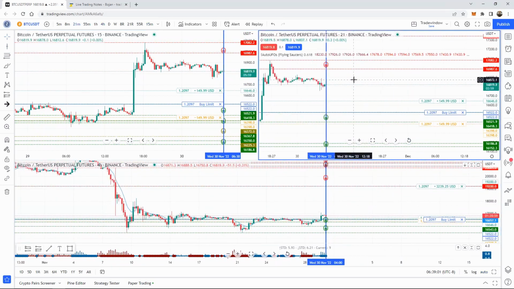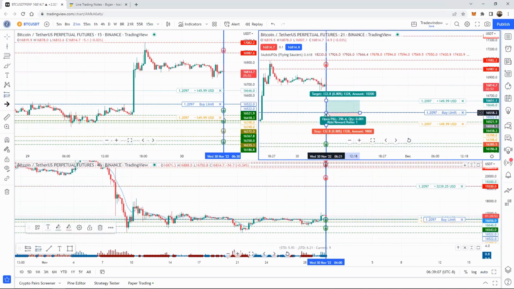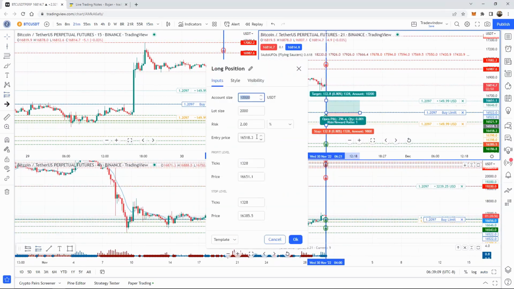And then, of course, the added benefit of what TradingView offers, so we can just go ahead and set this up as well, 16,522. We're looking at 651.1 for the target profit and same amount of ticks for the stop, 16,398.